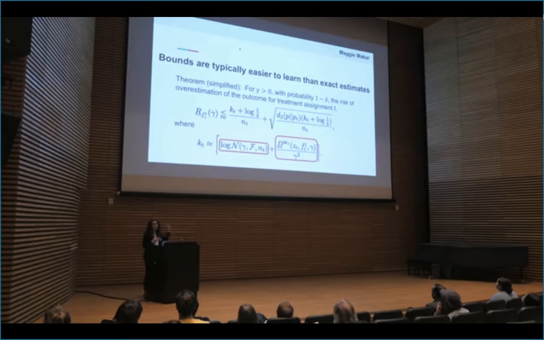The two terms that you want to look at are the two highlighted. The first one is the statistical complexity of the function class that we're looking at, and the second one is the empirical error on the training set. Both depend on gamma, and both decrease as gamma increases. If I've lost you for the last 5 seconds, all I've said is if I want a low false coverage rate with high confidence, then the task is actually easier.